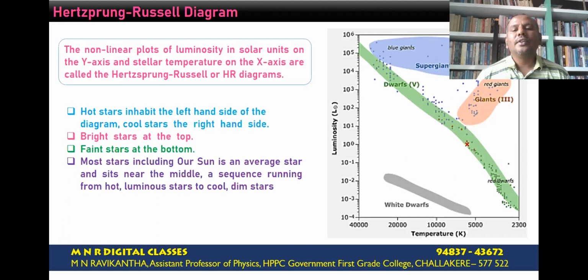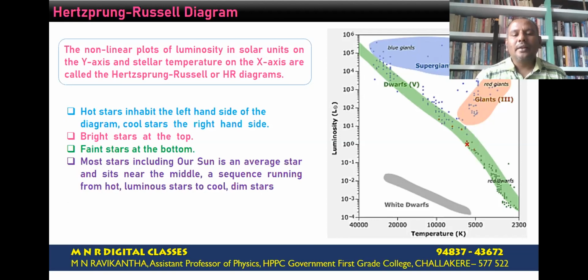A closer look at this HR diagram reveals that hot stars inhabit the left side of the diagram, whereas on the right side of this HR diagram, cooler stars will be positioned.